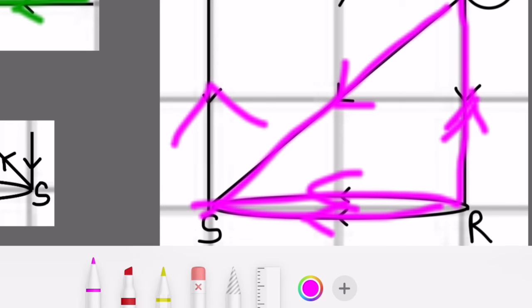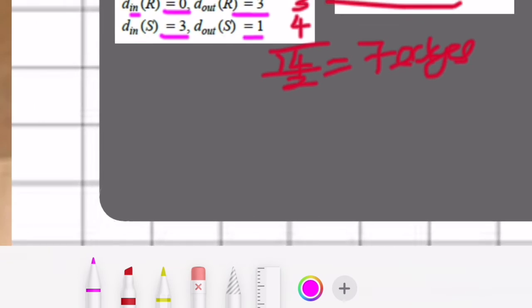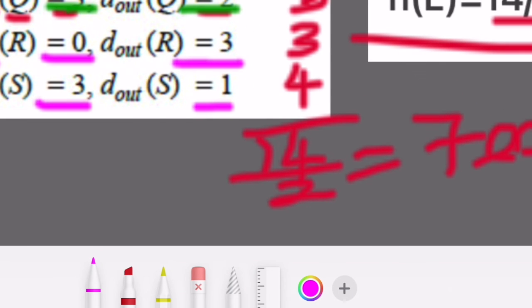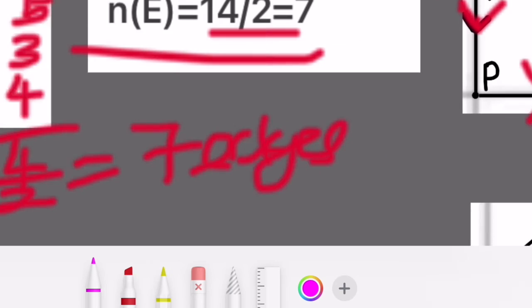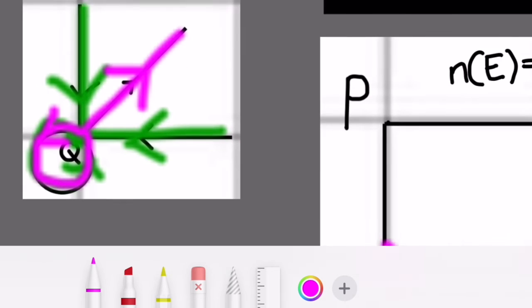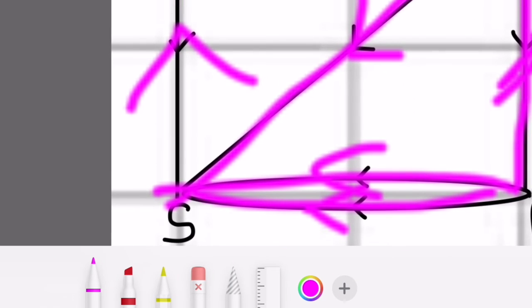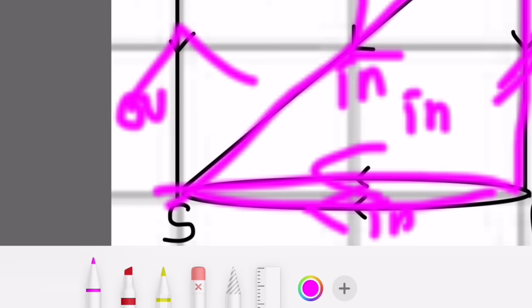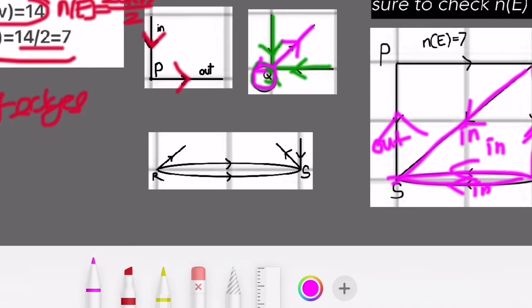So this one should be out for S. For S, we have 3 in and then 1 out. So this one should be like this. This is considered in, and this one will be out. 3 in and then 1 out.